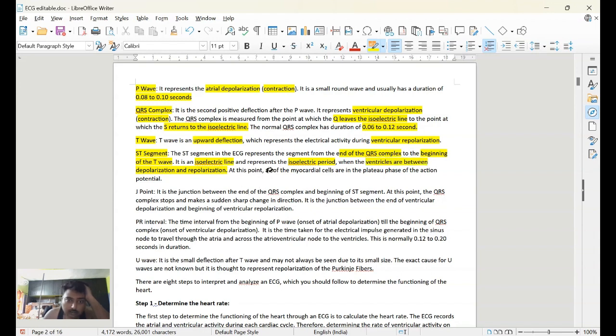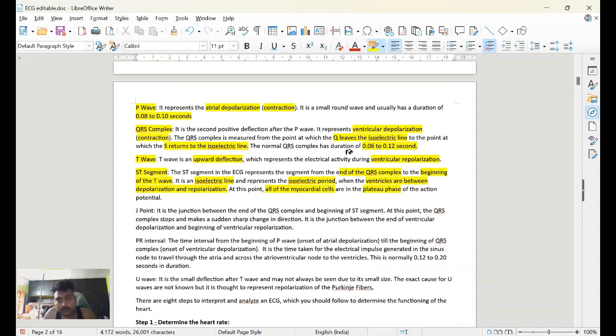At this point, all myocardial cells are in the plateau phase of the action potential.